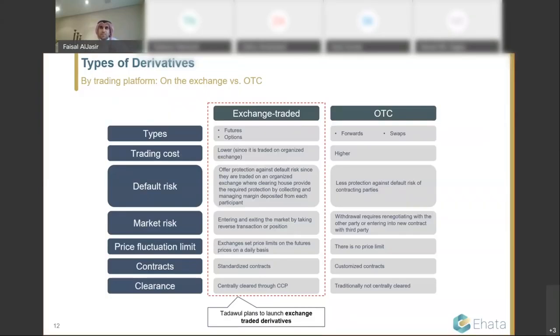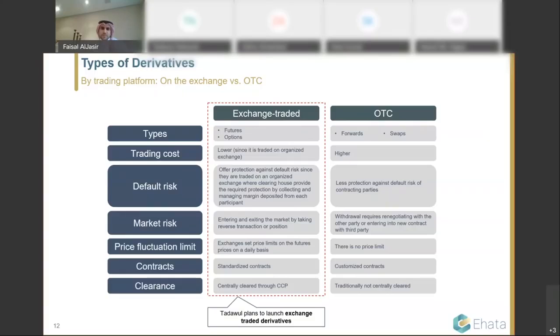That is more easily done in exchange traded than in an OTC market. In an OTC market, you need to renegotiate some of the trades or enter into a mirroring trade that can offset the original trade. So it's not as easy to exit your position as in exchange traded.